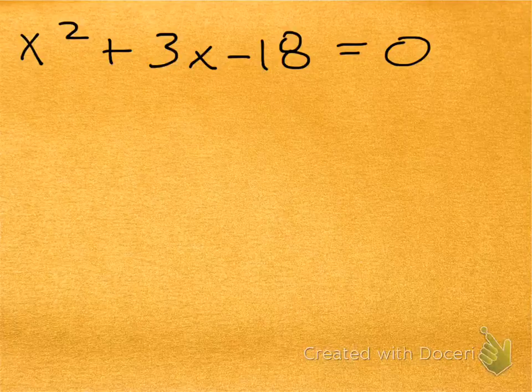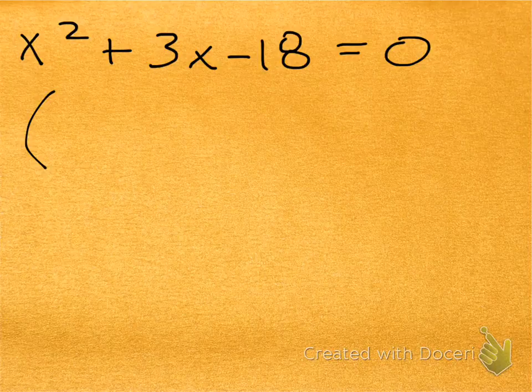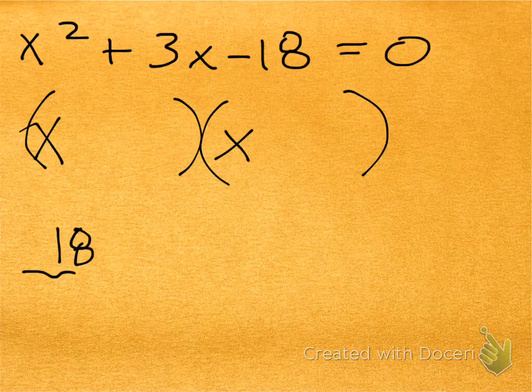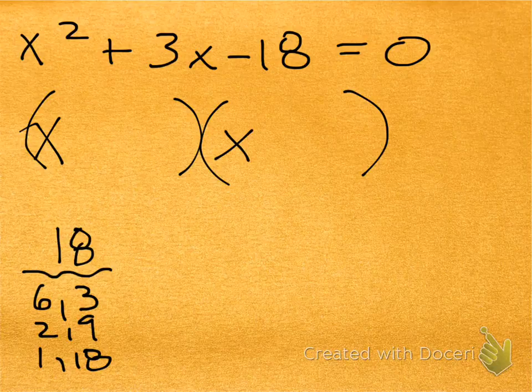Here they already have all three terms on the same side, so we're just going to factor and solve. So we have x and x. We need factors of 18. So 6 and 3, 2 and 9, 1 and 18. And we need them to add up to be 3, but multiply to be negative 18.